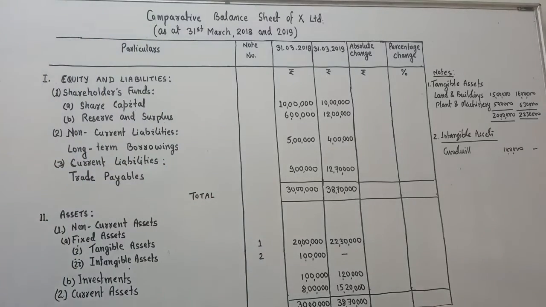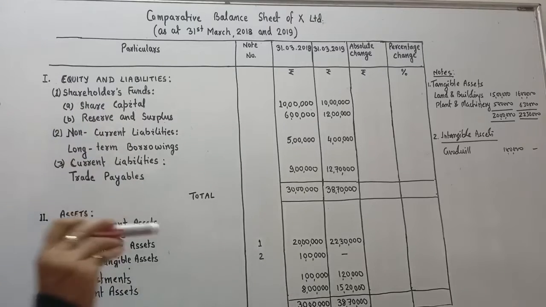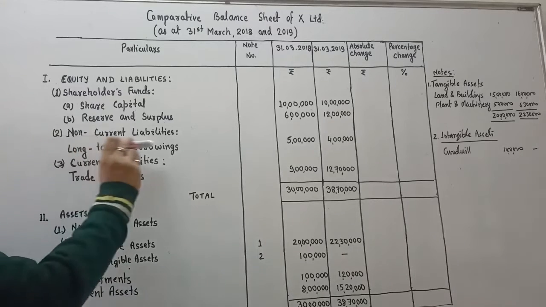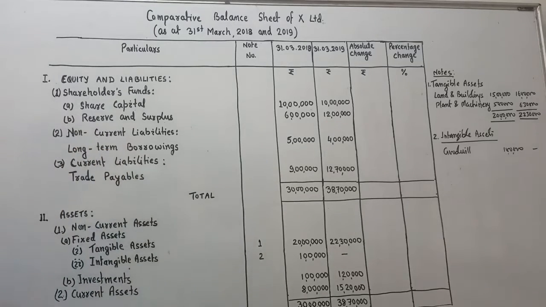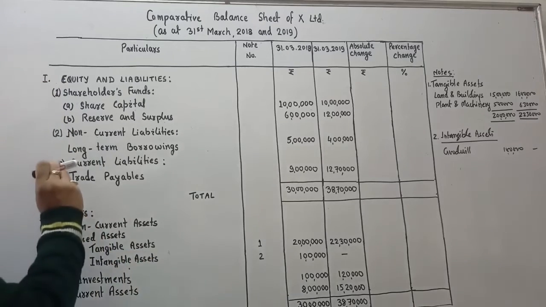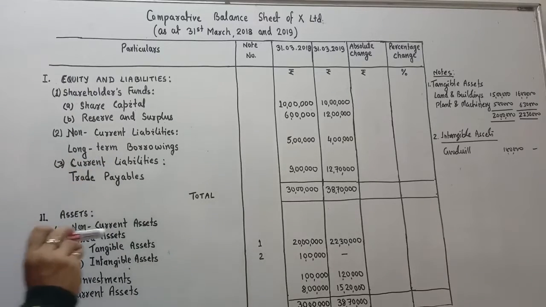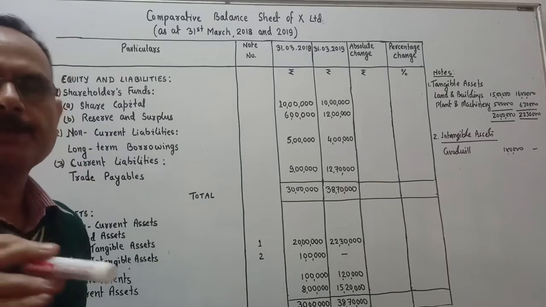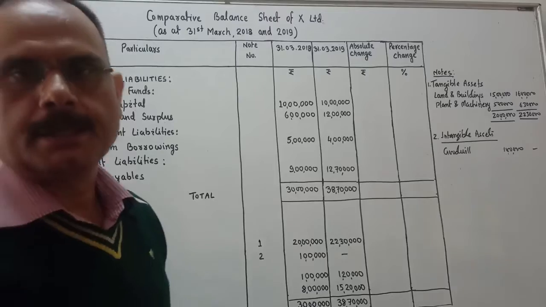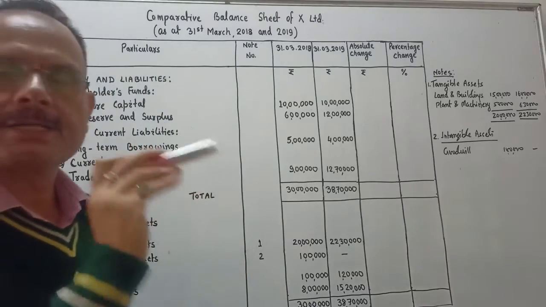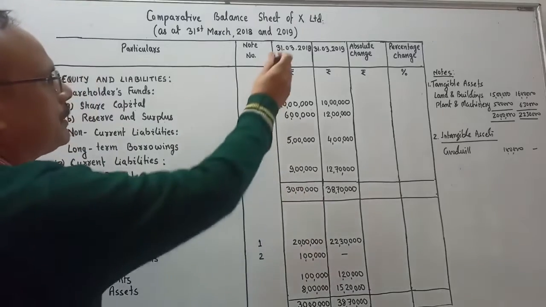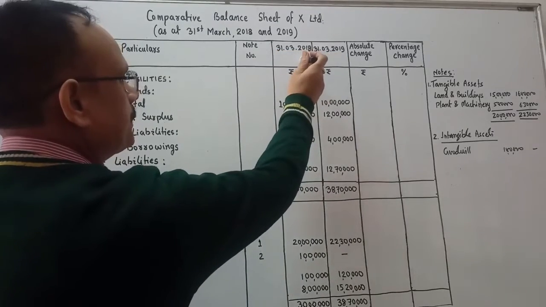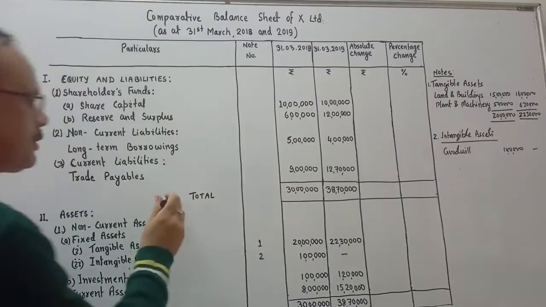Under this you see shareholders fund, share capital, which is given in the question, reserve and surplus is given in the question. In the non-current liability, long-term borrowings is given in the question. So write in sequence as per the prescribed format. Current liability, trade payable is given, and write the amount. First you write the amount of previous year 2018, thereafter you write the amount of the current year 2019. So first column is for the previous year and next column is for the current year. Next you do the total.